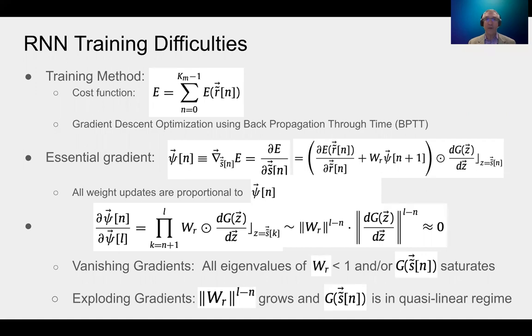When an overflow occurs, the connection weights cannot learn either. As a consequence of using gradient descent optimization, the vanishing and exploding gradients problems hamper the training of the standard recurrent neural network.